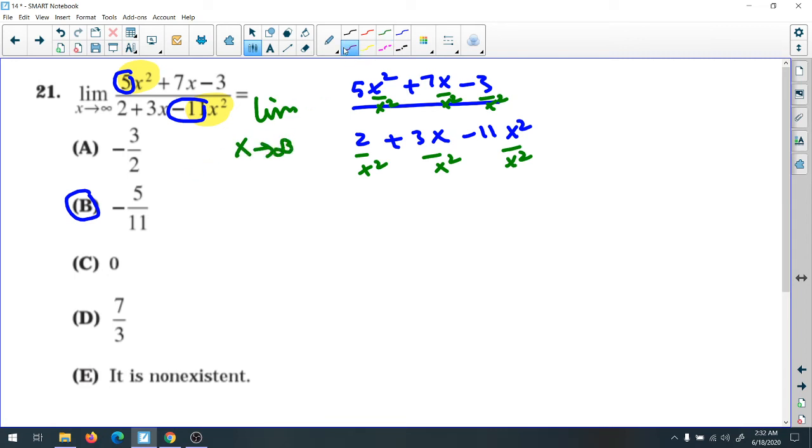So what you could see here is that we eliminate x squared with x squared, so 5 is left, and we eliminate x squared with x squared, so negative 11 is left. What about the others?